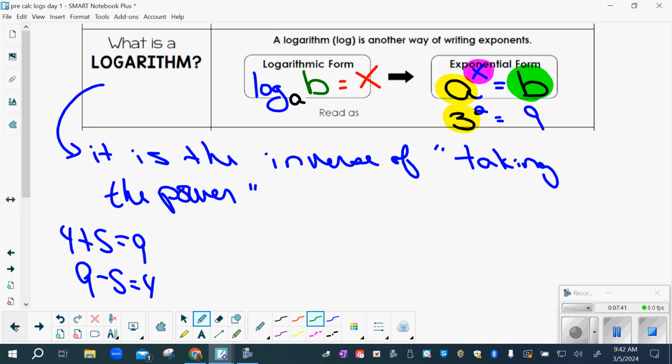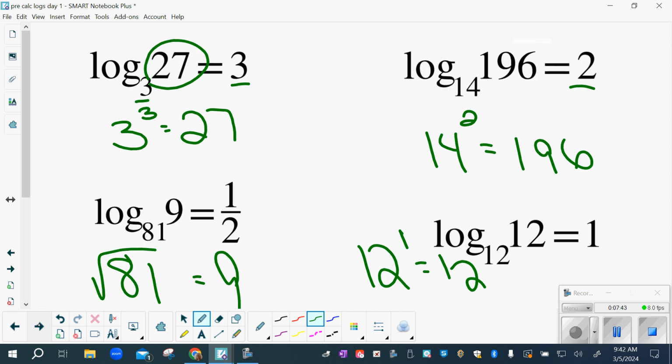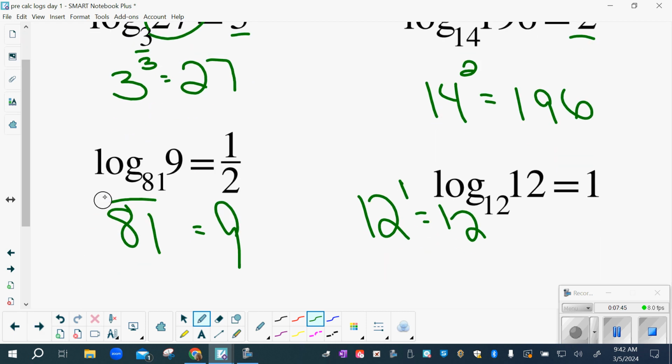How does the 81 work? Oh, so the base lived in the basement. The exponent was the answer, right? And whenever we have a fractional exponent, that's the same as a square root. Wow. Remember that little guy goes here, and that little guy goes there.